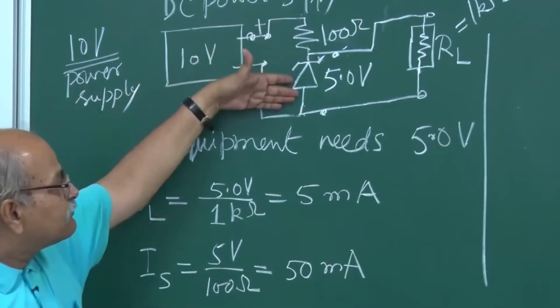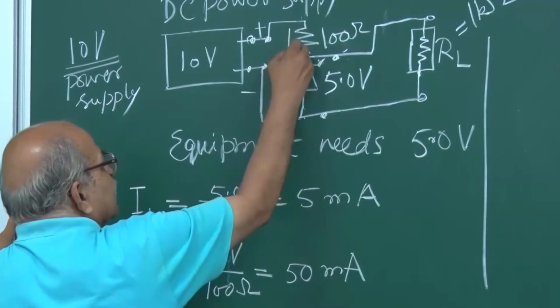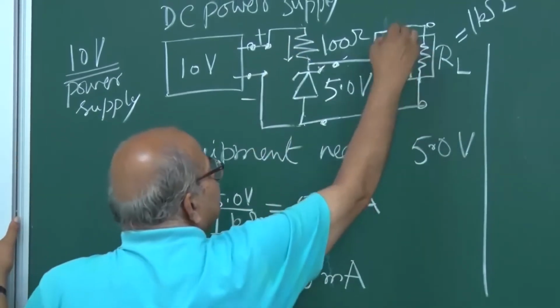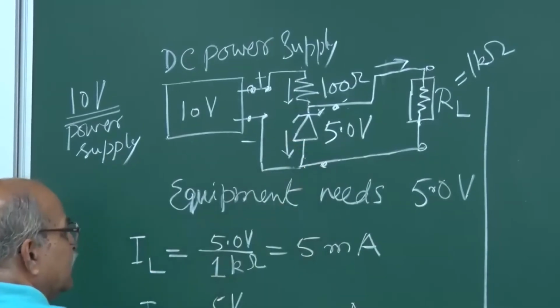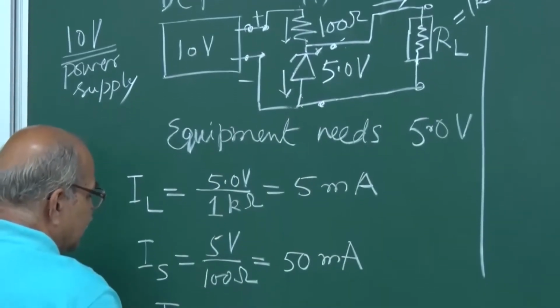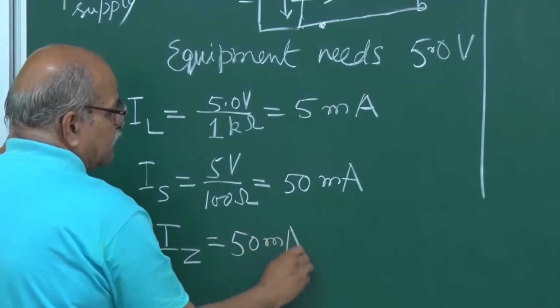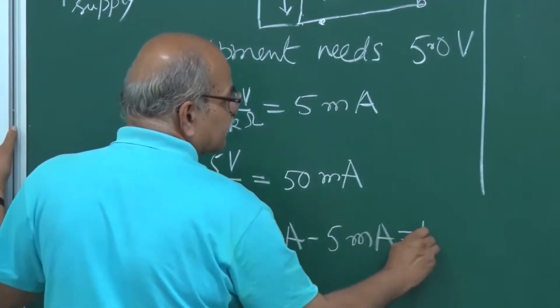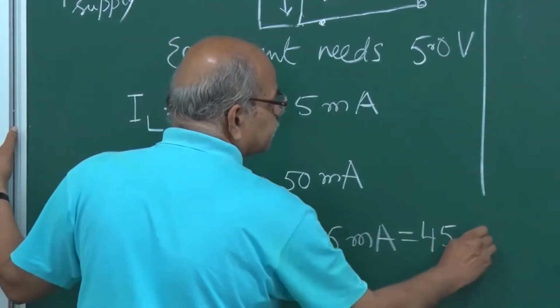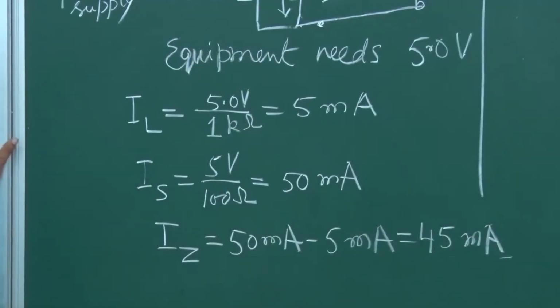And how much is the current from this zener? You have 50 milliamperes here, you have 5 milliamperes here. So it's simple to see that current through that zener is 50 milliampere minus 5 milliampere, and that is 45 milliampere. Right?